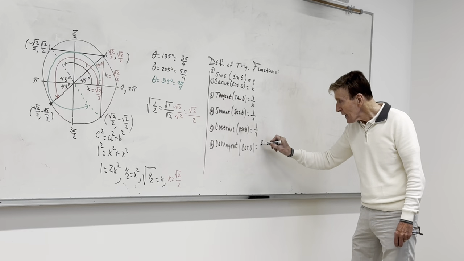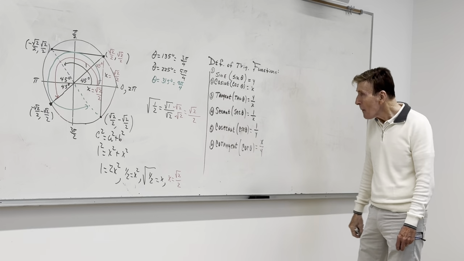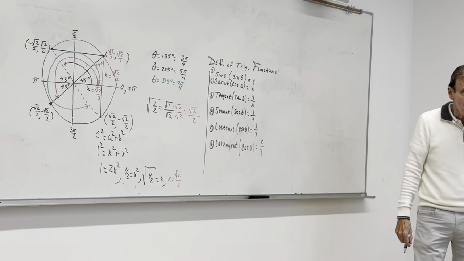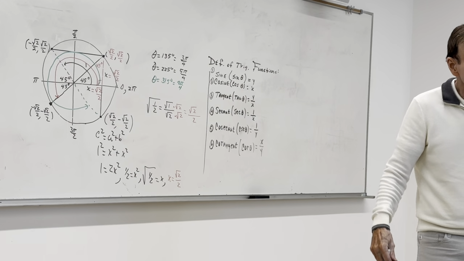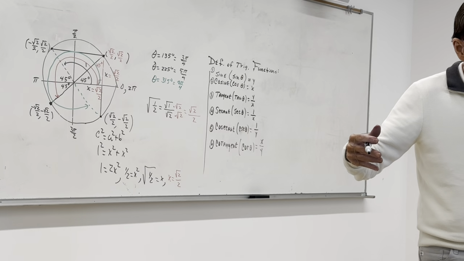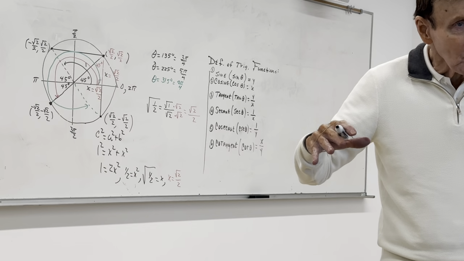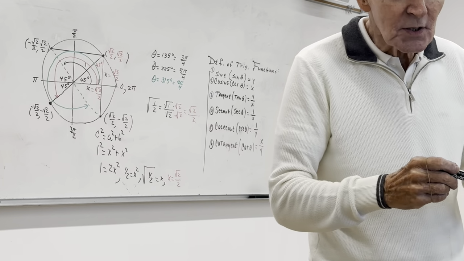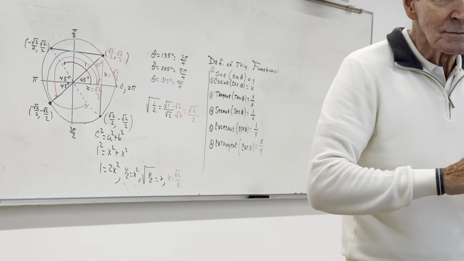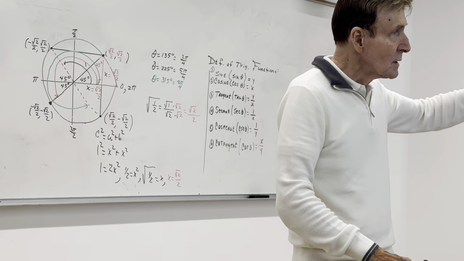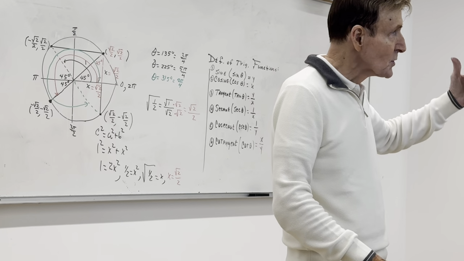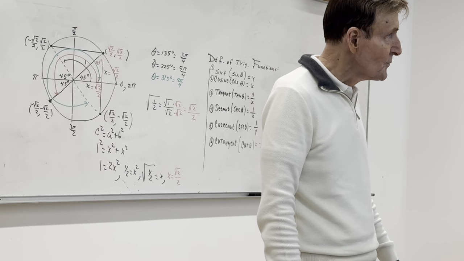Definition, x over y. I have never seen briefer, if that's a word, more brief definitions in my life. Usually a definition takes a little space, you gotta write it out in words. This is my definition. Look at those brief definitions.